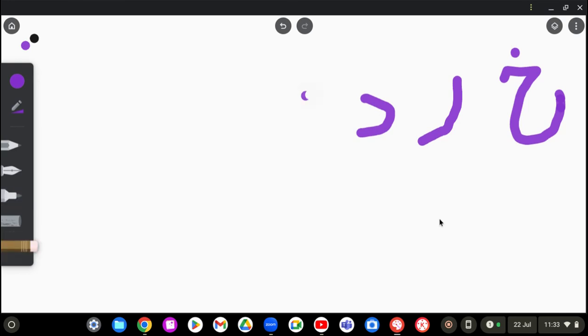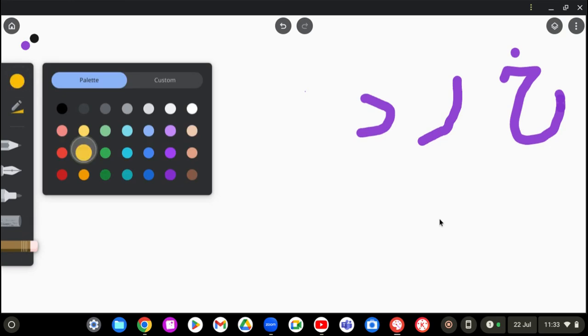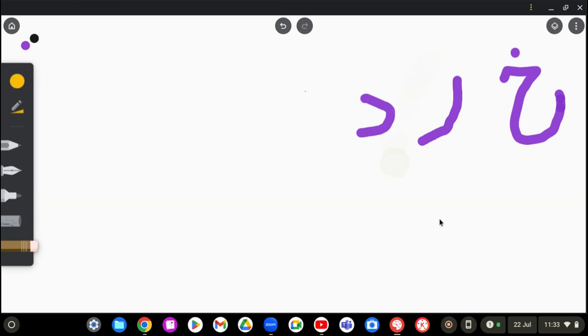Tell me first. I don't know. In the yellow circle, what is this? I think this. I don't know. Why are you forgetting again?